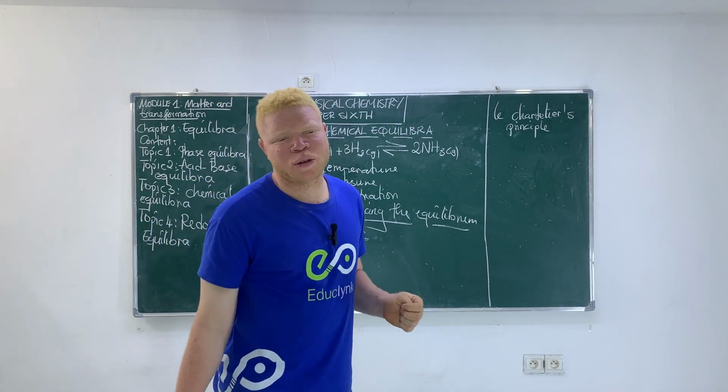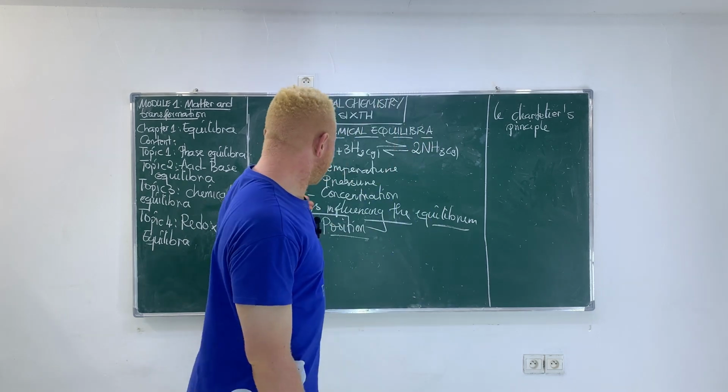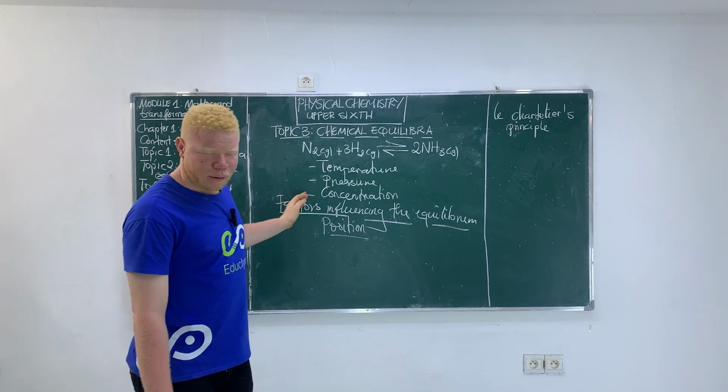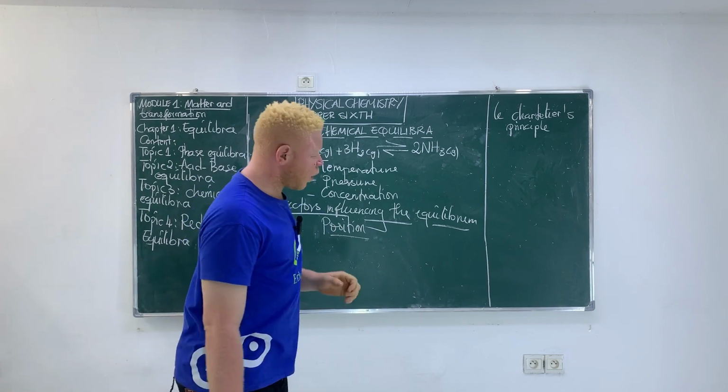Factors influencing the equilibrium position, there are three of them. We have the temperature, we have the pressure, we have the concentration. So we're going to start with the pressure.